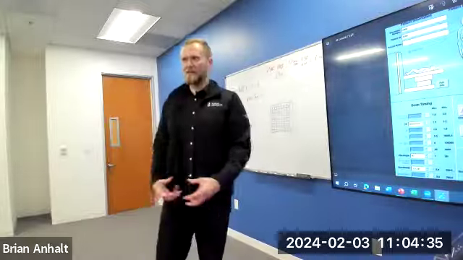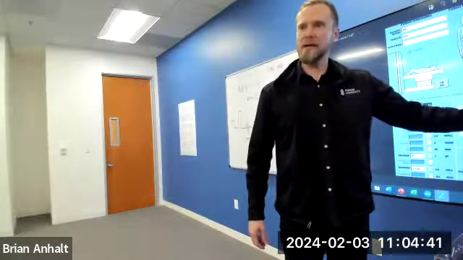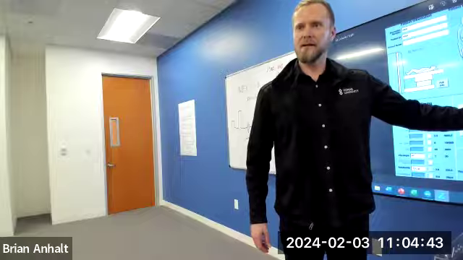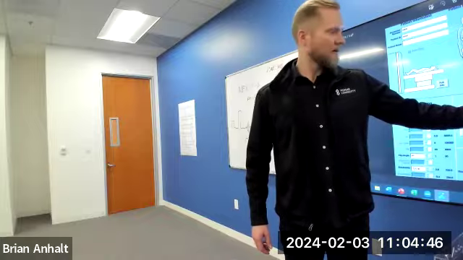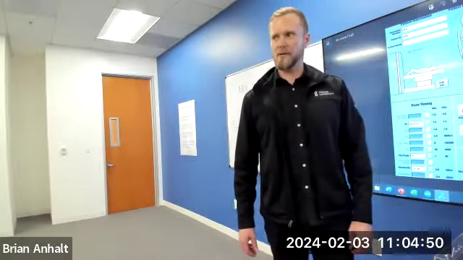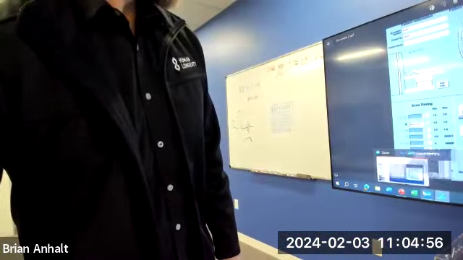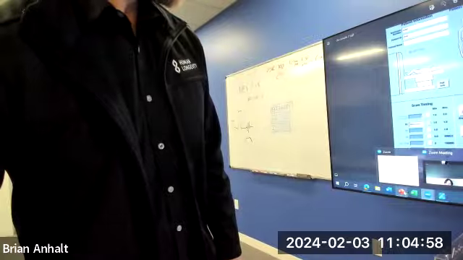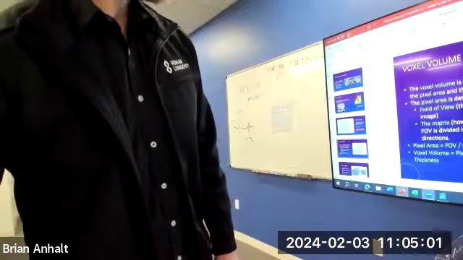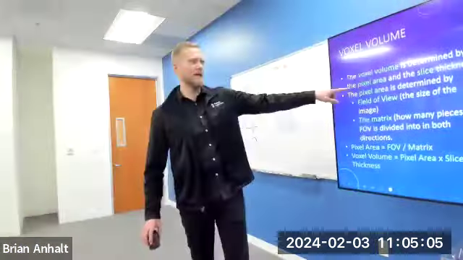So in MRI, our voxel volume is determined by our field of view divided by each matrix. You multiply each one of those together, and then you multiply it by your slice thickness. That gives you your voxel volume. So here, voxel volume is determined by pixel area.